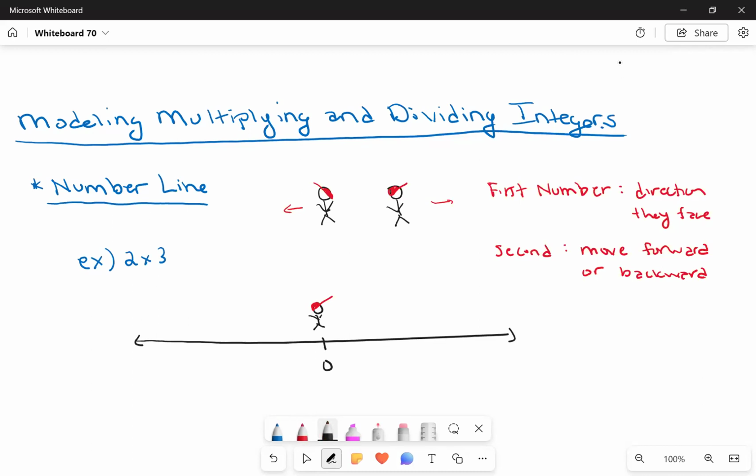The 3 indicates how big of jumps we're going to make. So we're going to jump 3 spaces, 1, 2, 3, and then 1, 2, 3 again. So we're moving by 3s. The first jump they land at the number 3, and then the second jump they land at 6. So the person is over here now, facing the positive direction at 6. There's our final answer. 2 times 3 gives us positive 6.